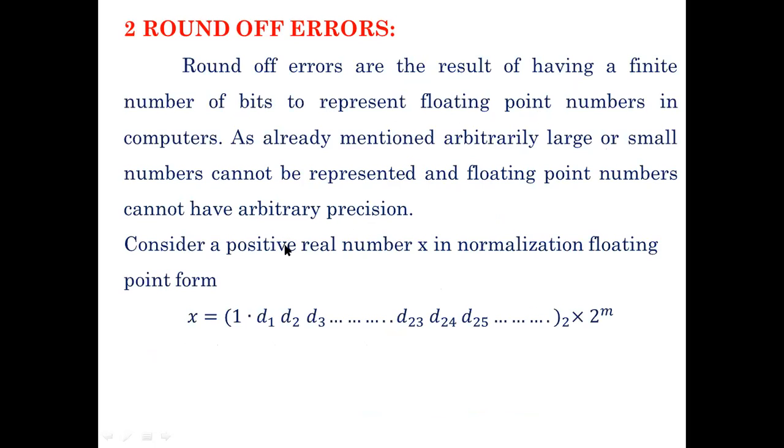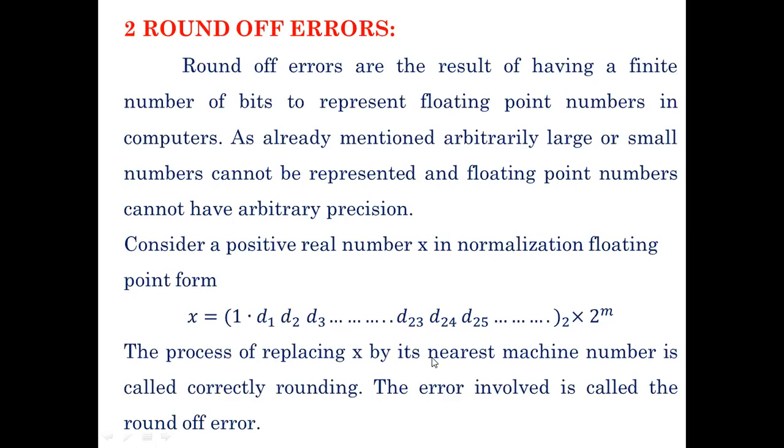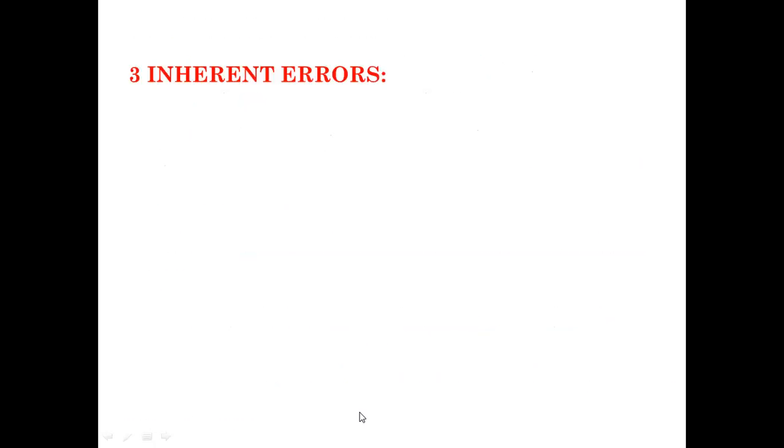Therefore, we consider a positive real number x in normalized floating point form, x equals 1.d1 d2 d3 ... d23 d24 d25 and so on, base 2, times 2 to the power m. The process of replacing x by its nearest machine number is called correct rounding. The error involved is called the round off error.